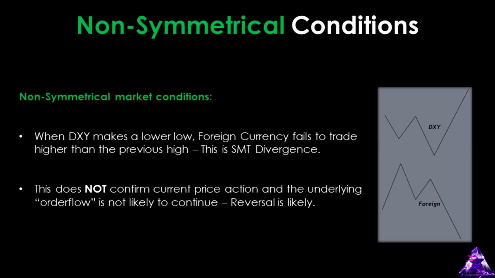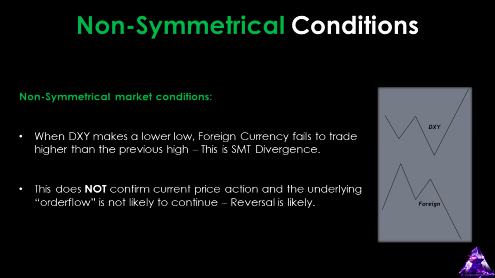The reason that this is considered non-symmetry is that while the DXY made a lower low, the foreign currency did not make a corresponding higher high. Instead, it failed to trade above its previous high, making only a lower high. Meanwhile, the DXY did trade below its previous low.